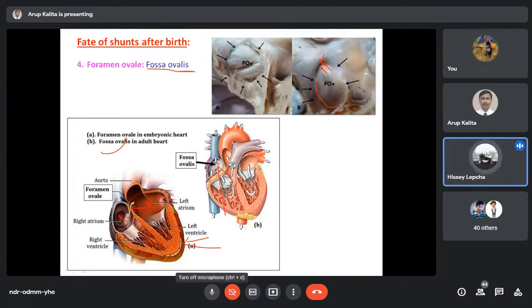Okay. Now in some human beings, the foramen ovale should be closed, but it is not closed.